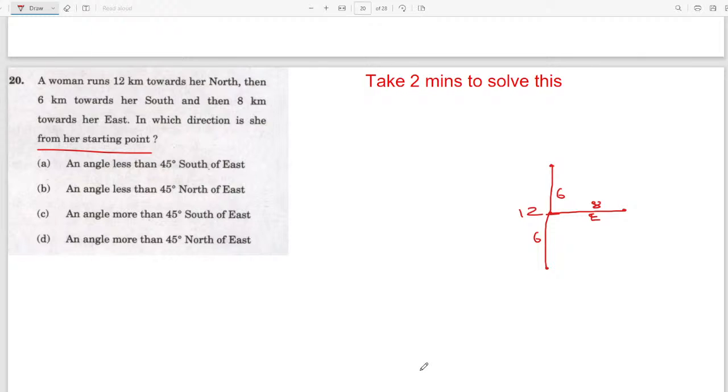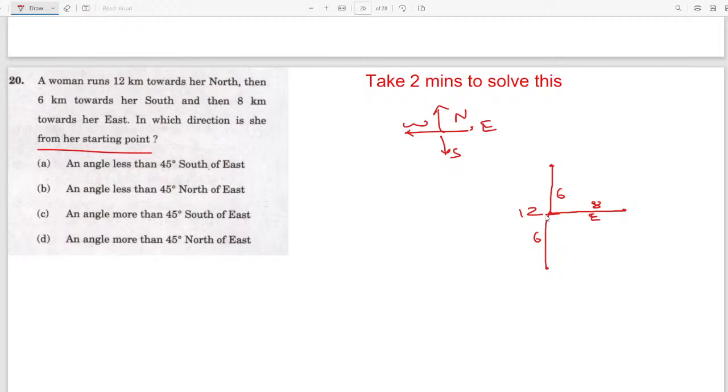East, west, north, south are the same for everyone, irrespective of the direction she is facing. Don't take east as her left or right. So east will always be here. If this was the north direction in the starting, this would be the east, this would be the south, and this would be the west.